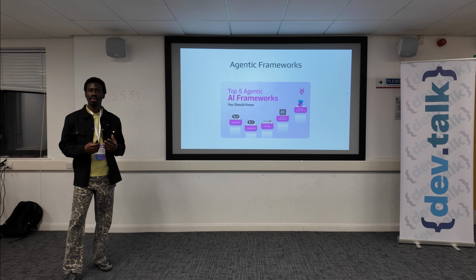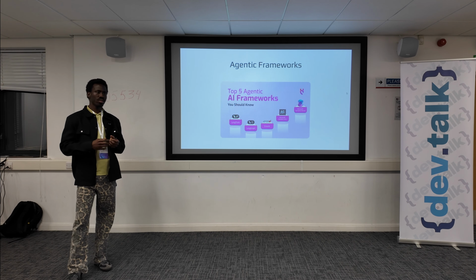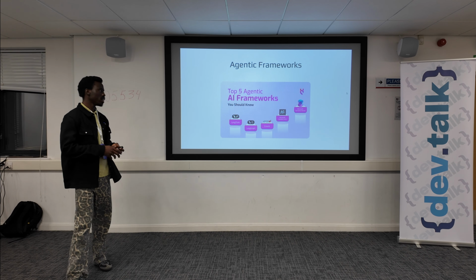LangGraph builds on this by providing state management, control flows, etc. CrewAI is really helpful if you want multiple agents to collaborate on a task. And then we have the different Microsoft frameworks that help you integrate that into the Microsoft ecosystem.